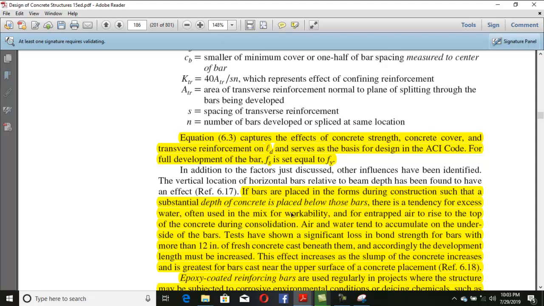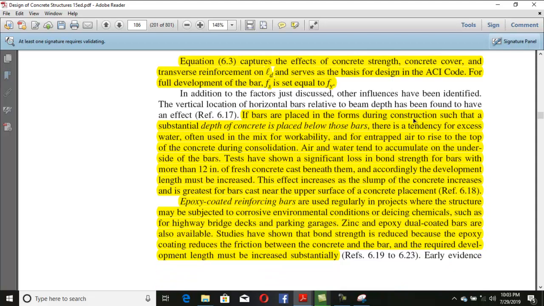Bars are placed in the forms during construction such that a substantial depth of concrete is placed below those bars. There is a tendency for excess water, often used in the mix for workability, and for entrapped air to rise to the top of the concrete during consolidation. Air and water tend to accumulate on the underside of the bars.